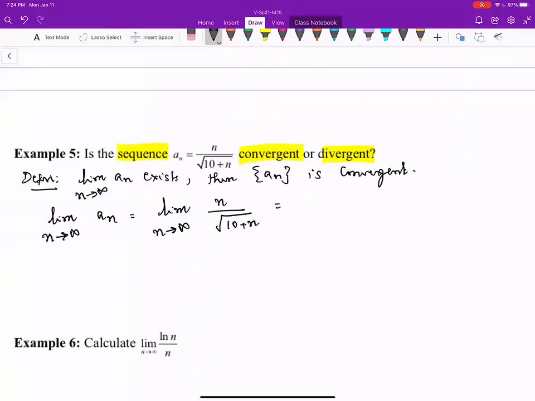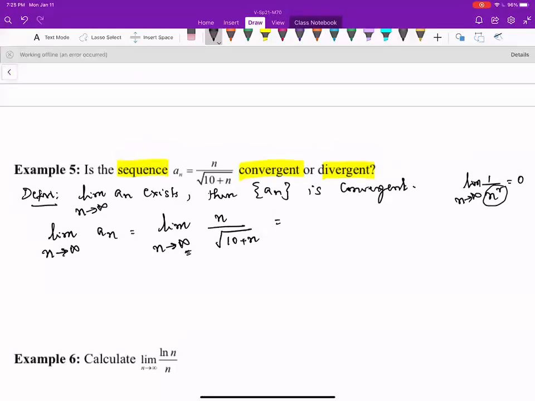Anytime you have n approaching infinity, if you bring the terms to the form 1 over n to the power of something, then you can use that the limit as n approaches infinity of 1 over n to the power r equals 0, because it's 1 over a large number. So always look for that form.